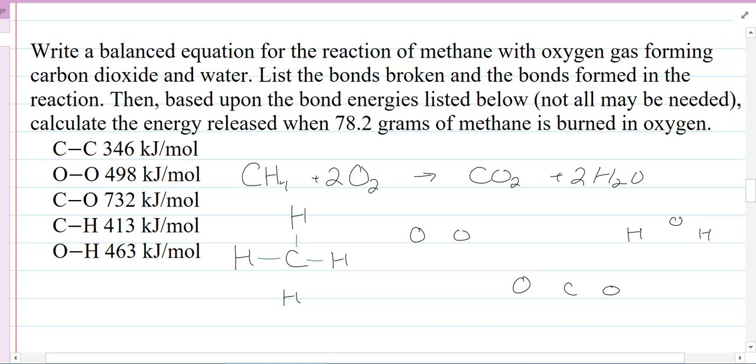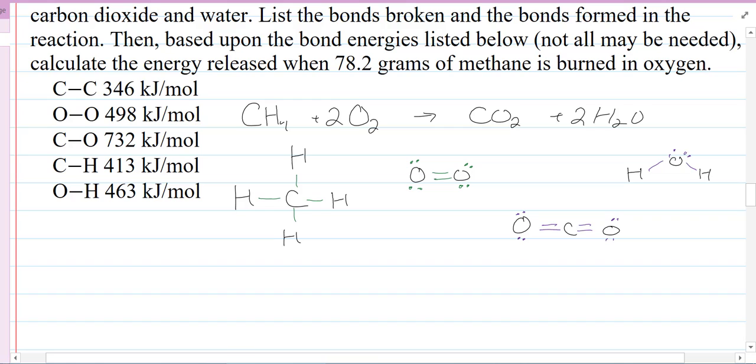So 2, 4, 6, 8, 2, 4, 10, 12, 2, 4, 6, 8, 12, 14, 16, 6, 8. Okay. We got to list the bonds broken, bonds formed. So the bonds broken would be CH and O2s, formed COs and OHs.